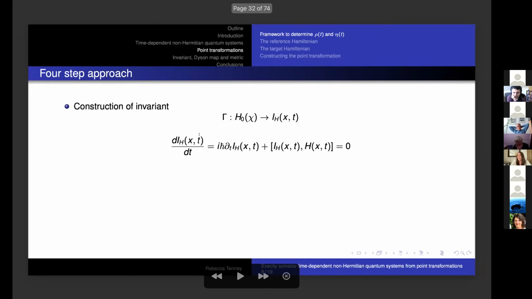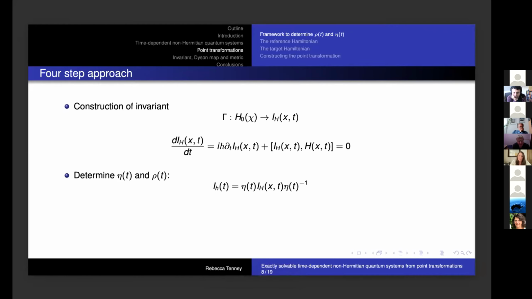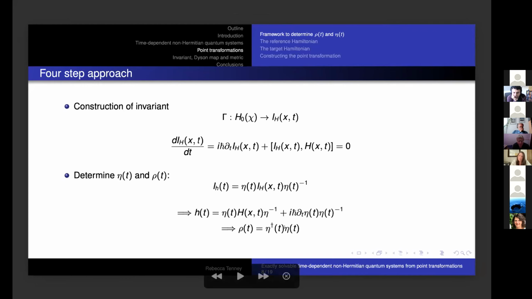This invariant will satisfy this equation here, and as mentioned previously, will be related to a Hermitian invariant via just a similarity transformation, making it much easier to determine the Dyson map. Once we have that Dyson map, we can then straightforwardly compute the metric through this relation and the corresponding Hermitian Hamiltonian using the time-dependent Dyson equation.